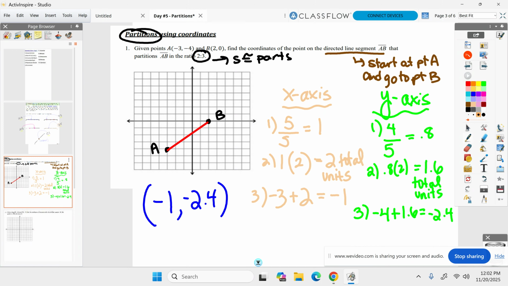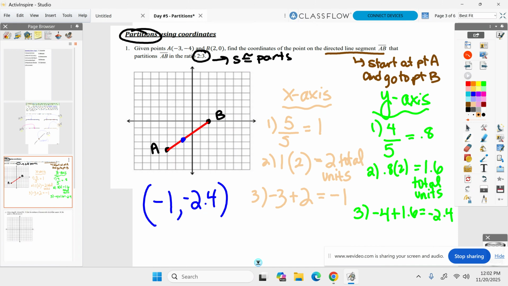If that's your answer, it better land on the line. So I want you to graph to your best ability -1, -2.4, and it better land on the line. Because if it's going to cut AB into a ratio of 2 to 3, it better land on your line. Yep, looks good to me.